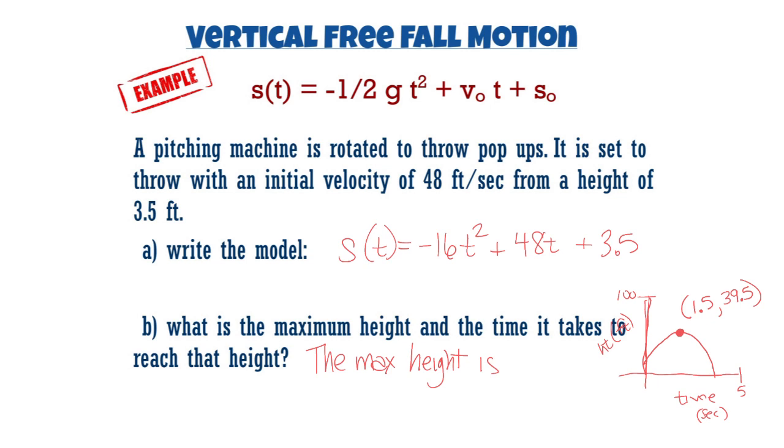So that's 39.5 feet, and it occurs then at 1.5 seconds. All right, so I for sure want labels, and I want to know that you know what those two different numbers represent.